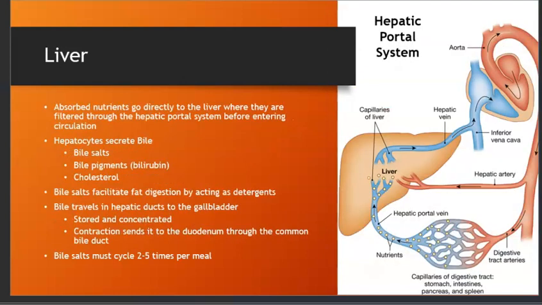Now let's focus on the liver. The liver absorbs nutrients and they become filtered through the hepatic portal system before entering circulation. So here on the right, we have the image of the hepatic portal system from Silverhorn.